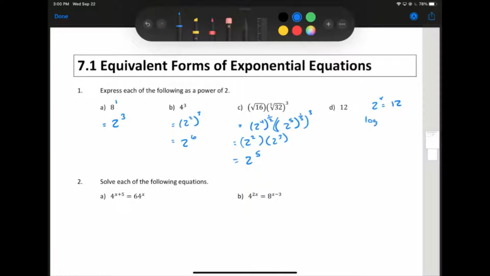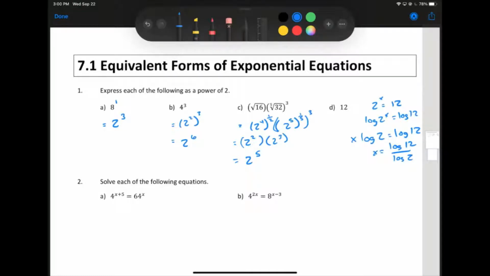So that's going to be log of 2 to the x equals log of 12. And now my power law for logarithms says that I can bring that x in front. And finally, I can divide both sides by log of 2.